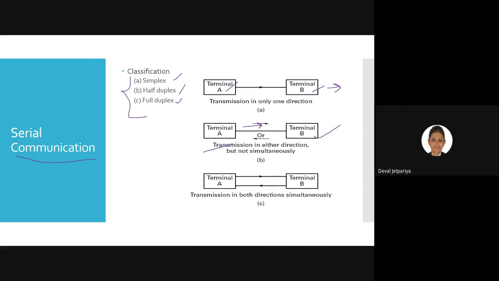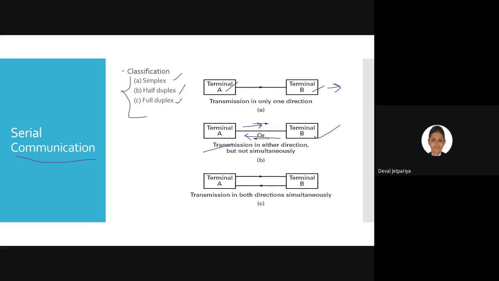So at that time we are able to transfer content from B to A, but not at the same time. That idea is treated as half duplex, where one by one a terminal can be a source as well as a destination, but not at the same time.